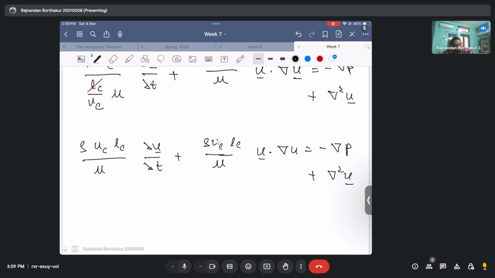So after this math, what do we get? Now here it gets interesting. What is this, rho UC LC by mu? This is nothing but the Reynolds number corresponding to the length scale LC.